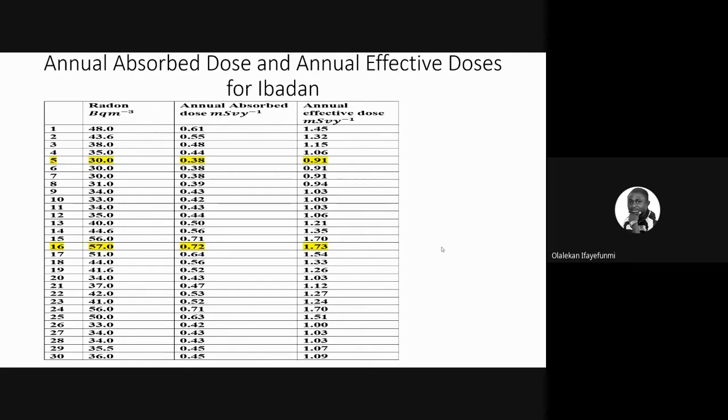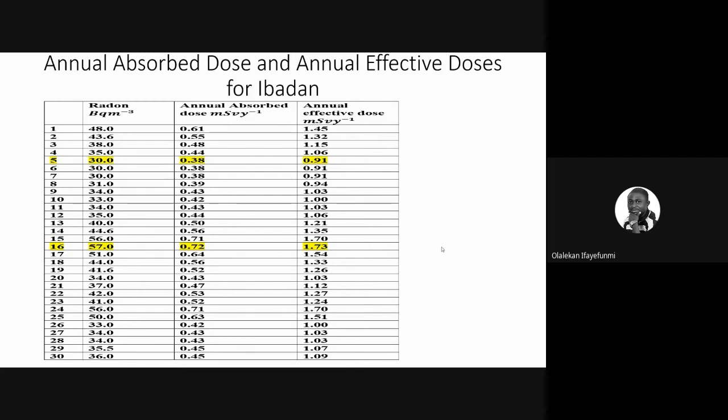From our results, we discovered that in one of our locations, because our device could not take any reading below 30 becquerel per meter cubed, 30 becquerel per meter cubed was our lowest point, while our highest point was 57 becquerel per meter cubed.